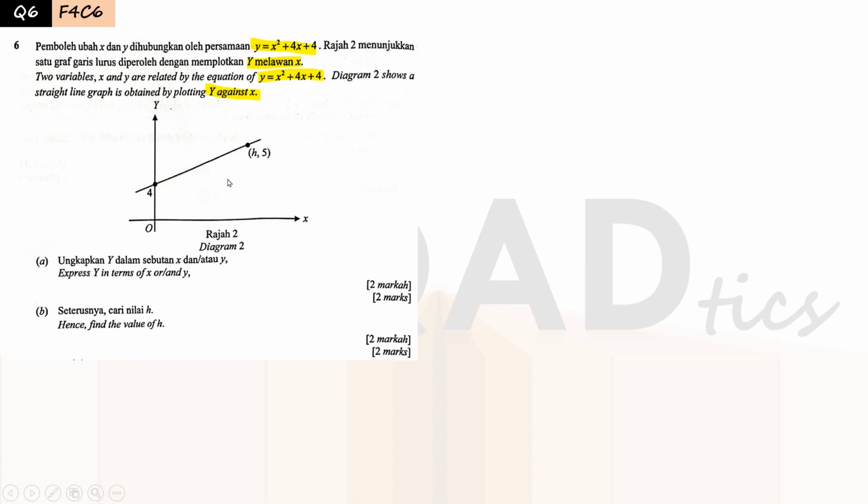So this is the thing we need to find out in part A. We need to express big Y in terms of x or y or both of them. Okay, so the big Y here refers to the Y-axis in this diagram.